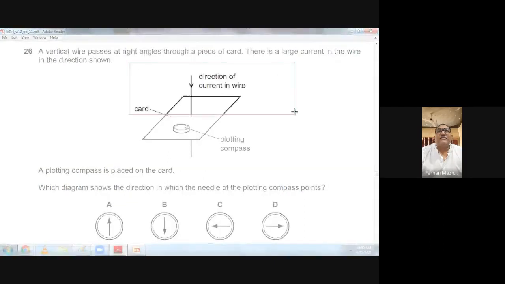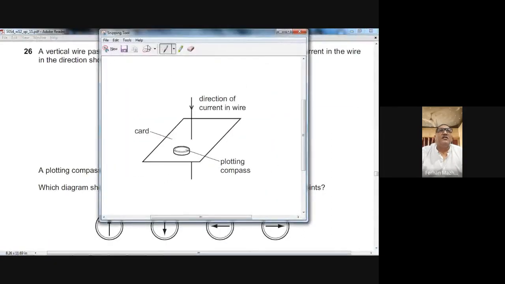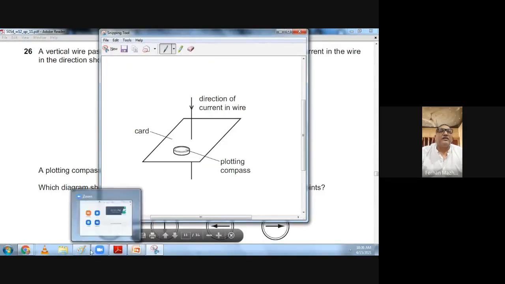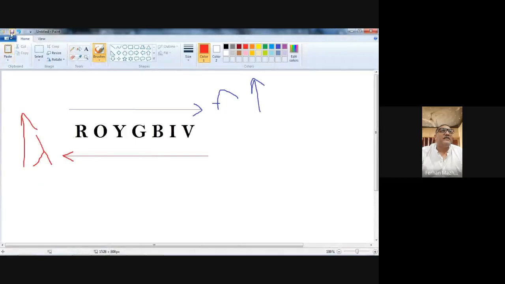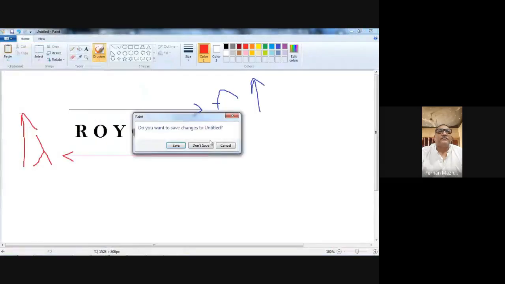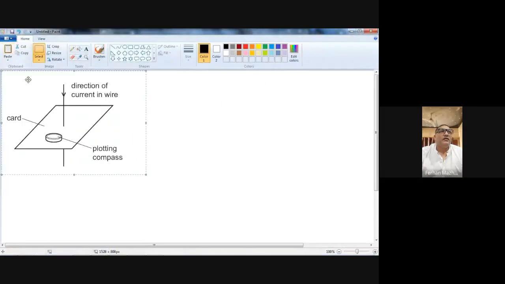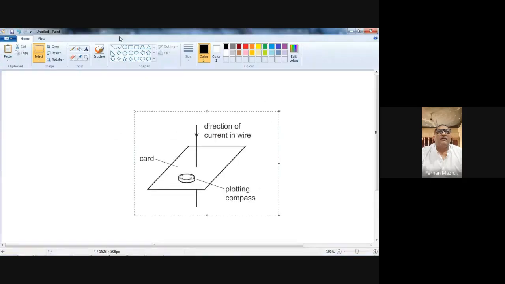So the direction of the magnetic field here will be clockwise. So let me show you my work and then how we decided it. The direction of the magnetic field around here will be clockwise.